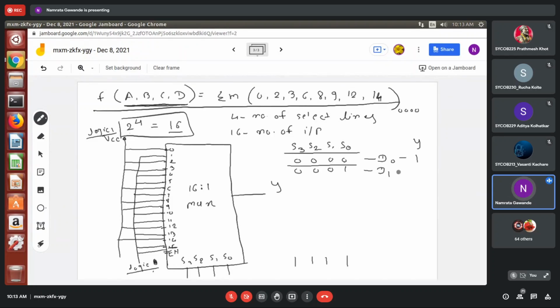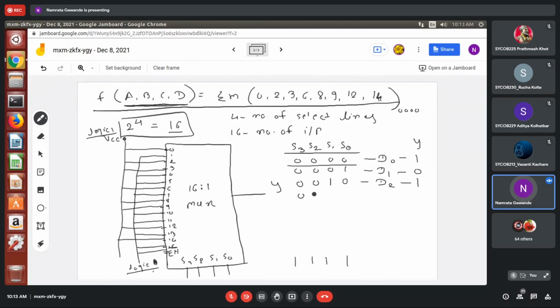That time what will be the output? 0. Okay, next 0, 0, 1, 0. If this is the select line, in that case which data input will be selected? D2, the second one. This is connected to logic 1. So what will be the output? It will be providing 1.